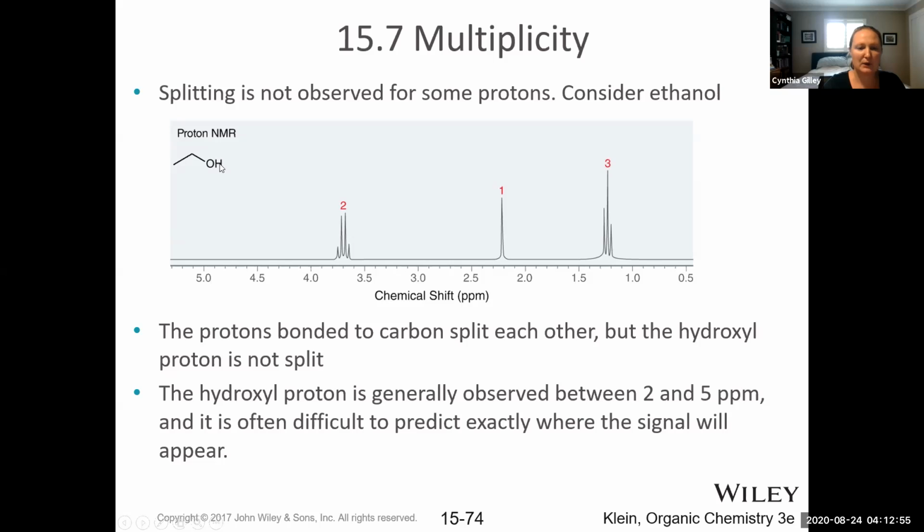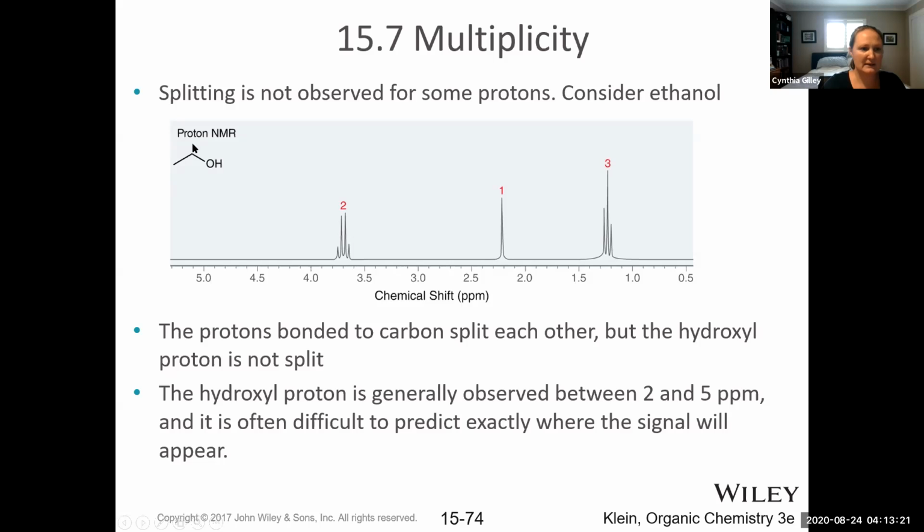So let's, for example, look at the spectrum here for ethanol. What we see is a quartet that integrates for 2 and a triplet that integrates for 3 hydrogens. That's almost like an isolated ethyl group, as if these 2 hydrogens didn't have any neighbors. And then separate from that, we see a singlet that integrates for 1 hydrogen, which is actually for the hydroxyl proton.